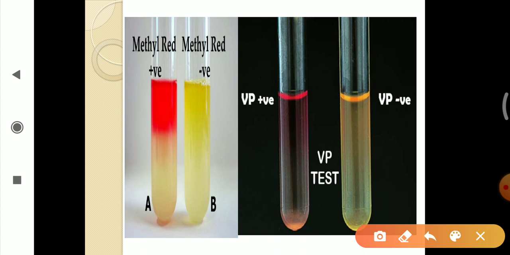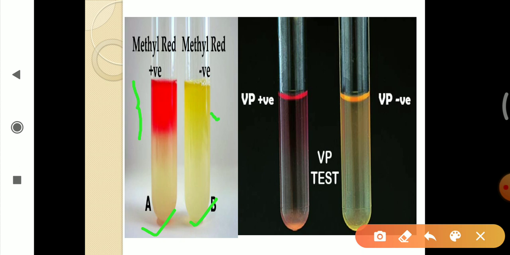Here is the methyl red test positive tube and the negative tube. If the organism performs the mixed acid fermentation pathway, and while adding the methyl red indicator we observe the development of a red color, then we see that the methyl red test is positive.